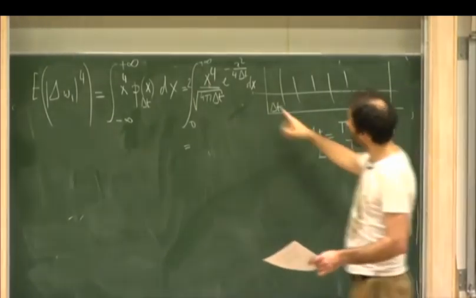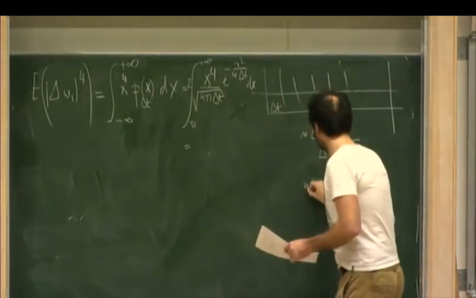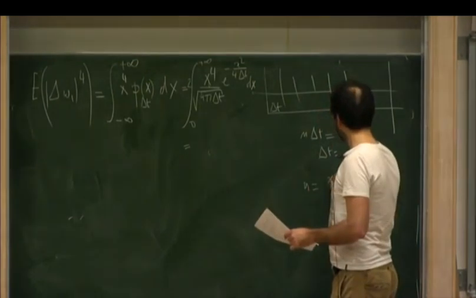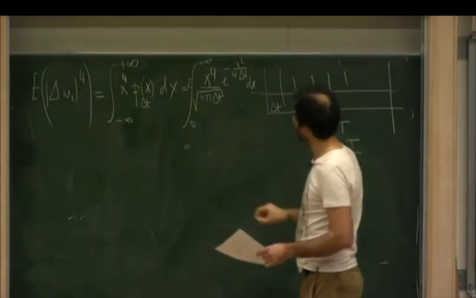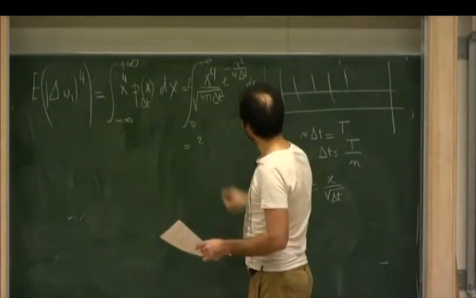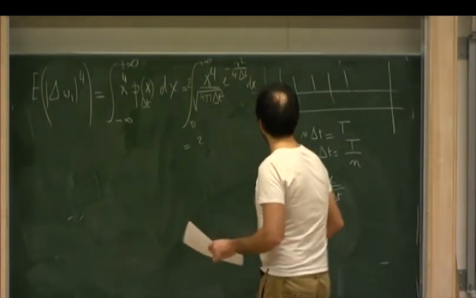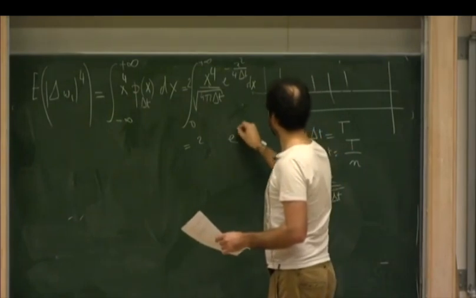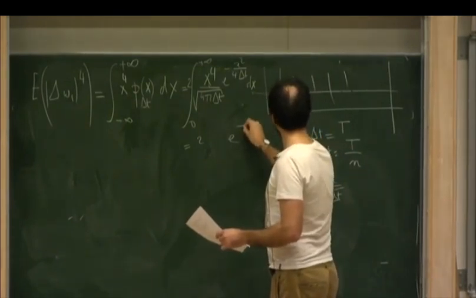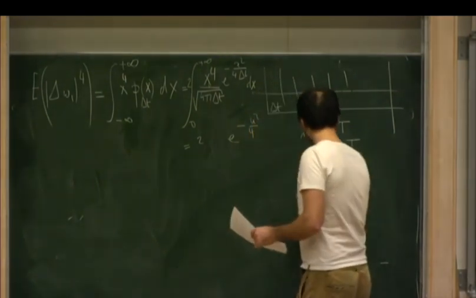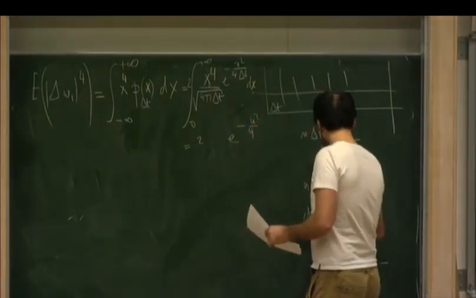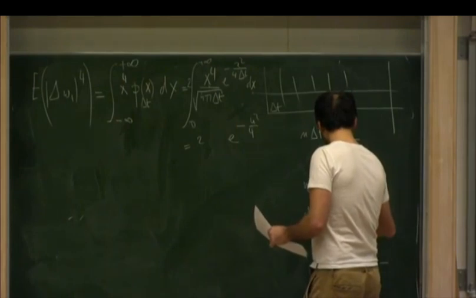Okay, so now how do you do this? This is just a change of variables: u equals x divided by square root delta t. What do we get from this? First of all, in the exponential, you get u squared divided by 4. dx is equal to square root delta t du.